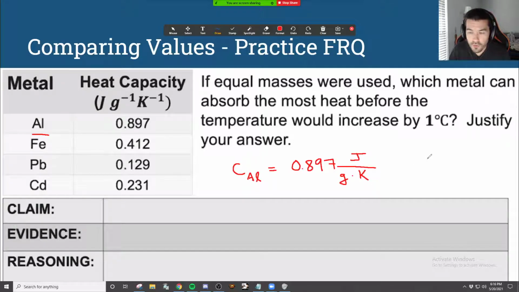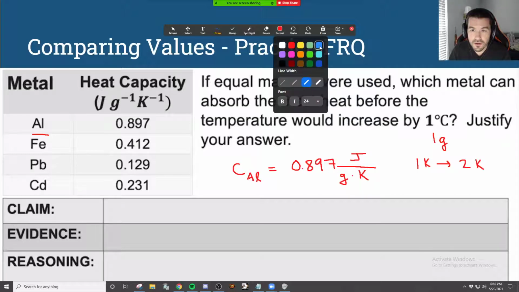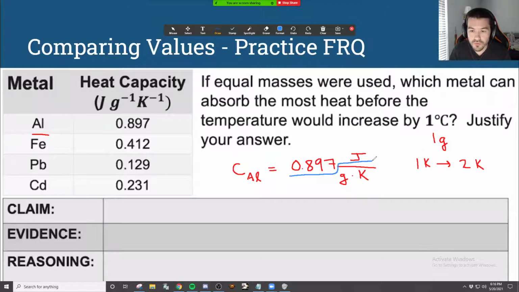So to go from, say, 1 Kelvin to 2 Kelvin, and let's say you have 1 gram, it's going to take this many joules to make that temperature increase happen. That's what this specific heat number is.